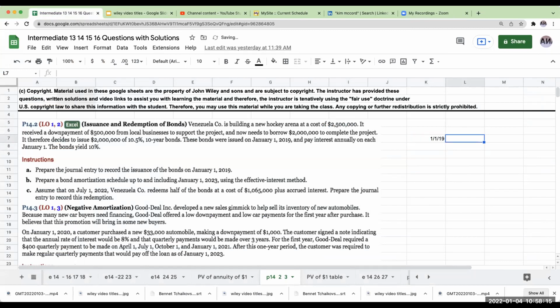So on 1/1/19, we know that if the stated rate is greater than the market rate of interest of 10%, the bond will be issued at a premium, meaning that the cash proceeds are going to be higher than the face amount of the bonds.